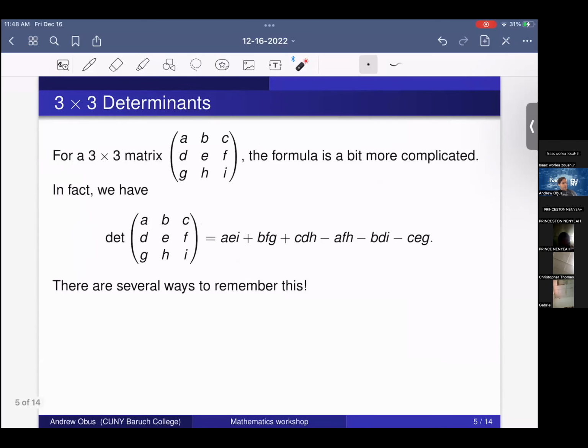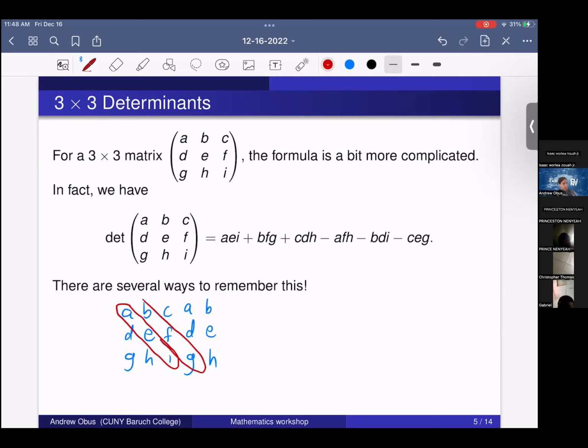And then lastly, for a 3x3 matrix, we had this formula that's kind of complicated to memorize, but we had this little trick for figuring it out. You write down the matrix, ADG, BEH, CFI, and then you write down the first 2 columns again, ADG and then BEH. And then what we did was we circled all the diagonals in one direction, and we wrote little pluses here.